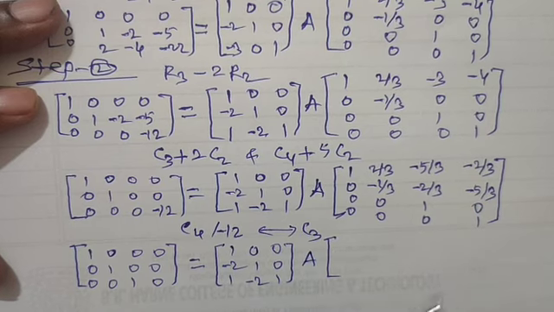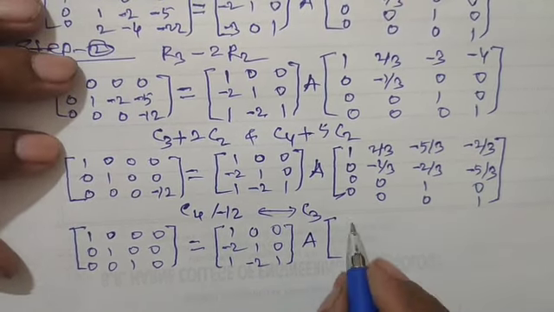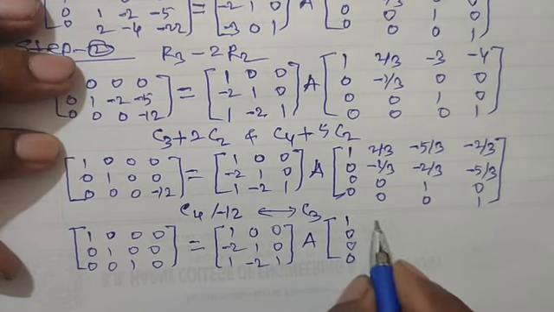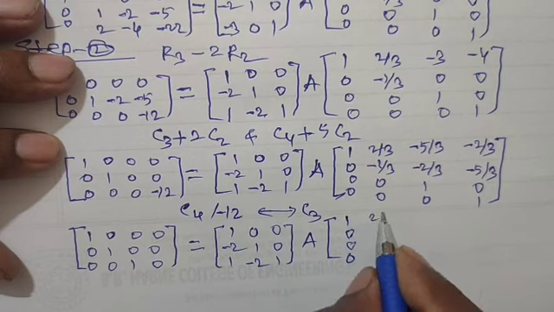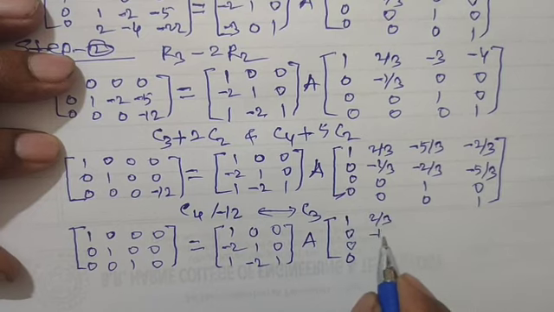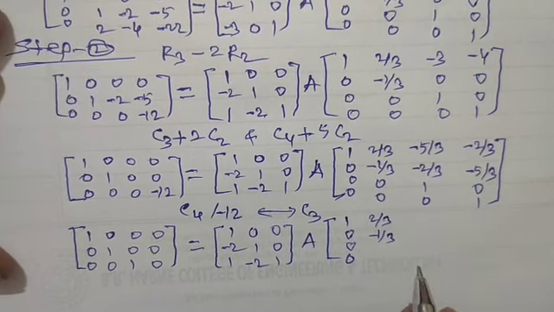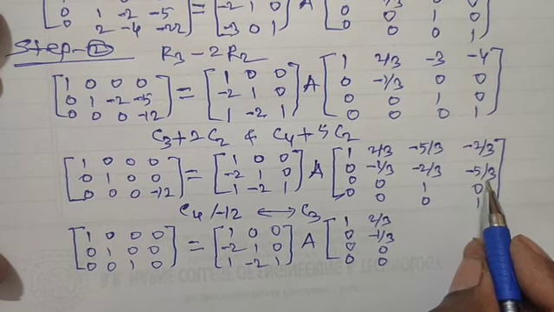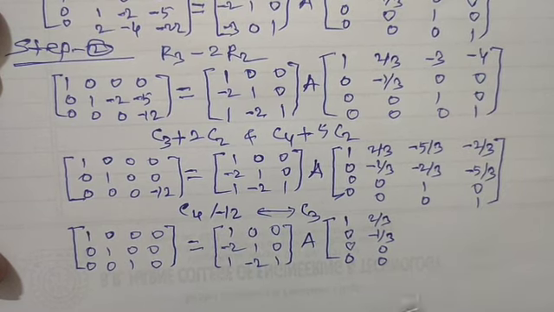And then here 1, 0, 0, 0. First two columns as it is. 2 upon 3, minus 1 upon 3, then 0 and 0. Third column interchanged with fourth column, but fourth column is divided by minus 12.